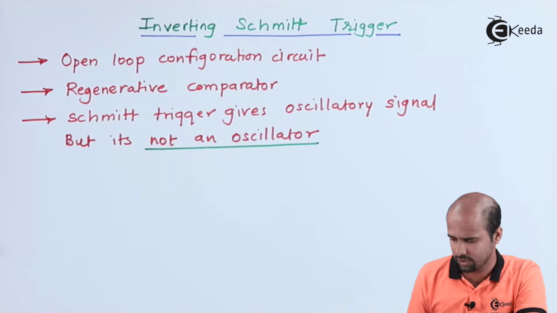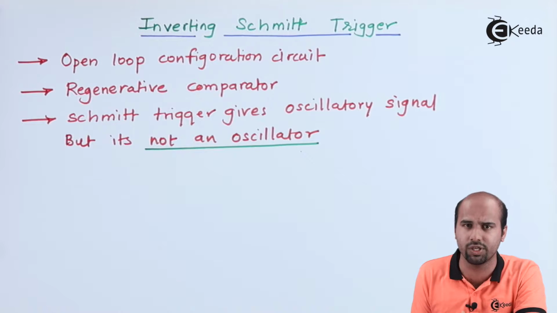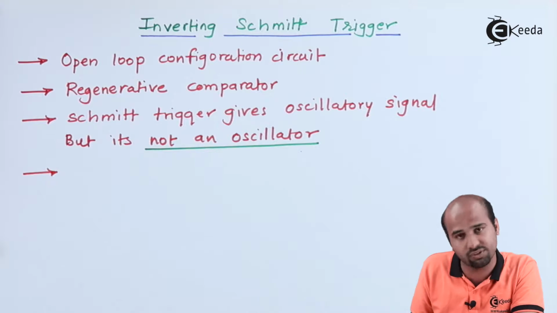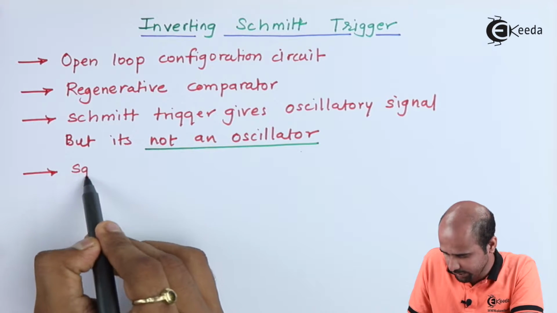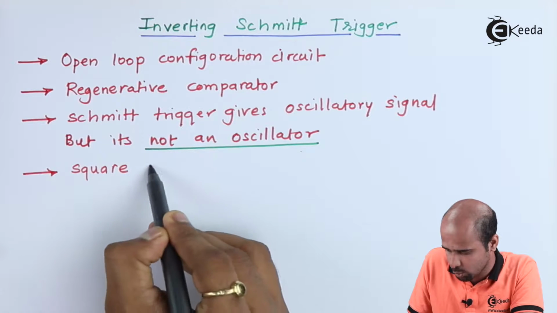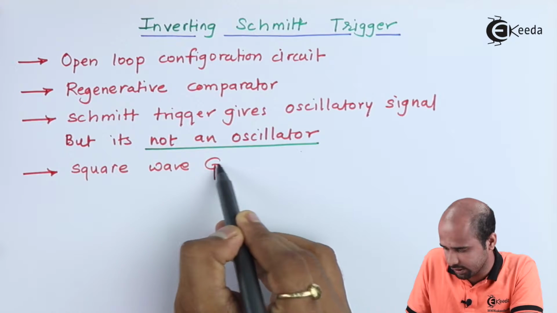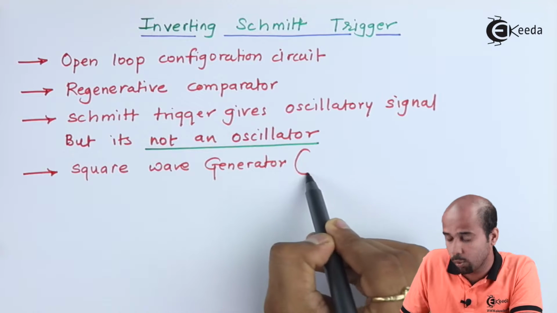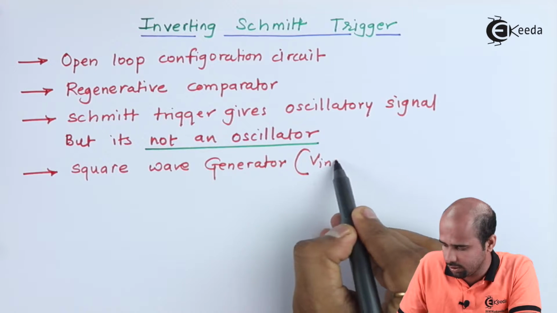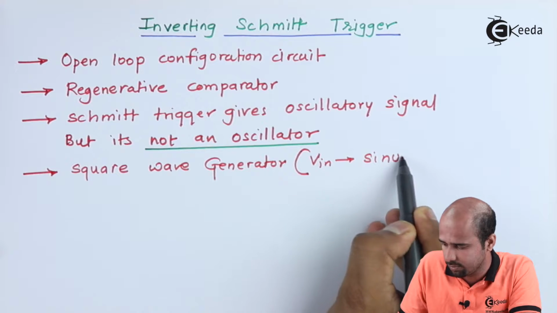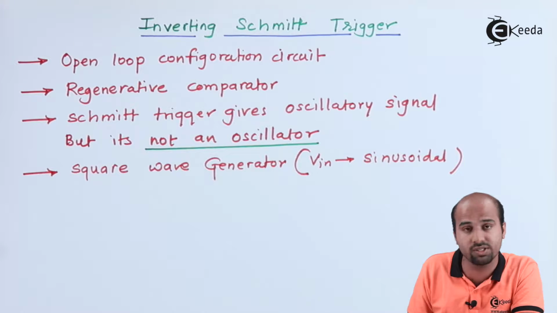More specifically, I can convert any sinusoidal signal, rather any kind of signal, into the rectangular waveform, or I can say square waveform. Another name for this is, this Schmitt trigger is also termed as square wave generator, provided I am giving V in is sinusoidal. If V in is sinusoidal, then we will be getting a square wave.